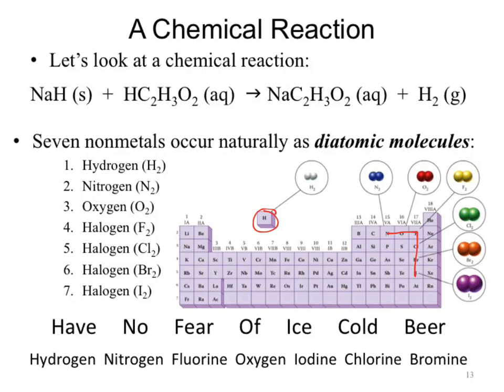Another option is a little phrase: have no fear of ice cold beer. We got a nice little phrase that some people apparently remember better. We got the H for hydrogen, N for nitrogen, etc., all the way through.